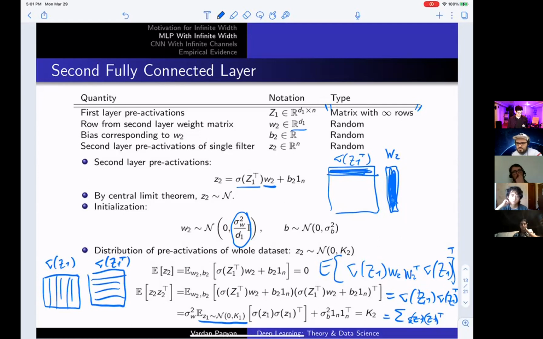So infinite columns in Z1 and infinite rows in Z1 transpose. And so this sum essentially becomes an integral. If you're summing over infinite replications of variables coming from a distribution, it becomes an integral and essentially an expectation over Z1 coming from this distribution.